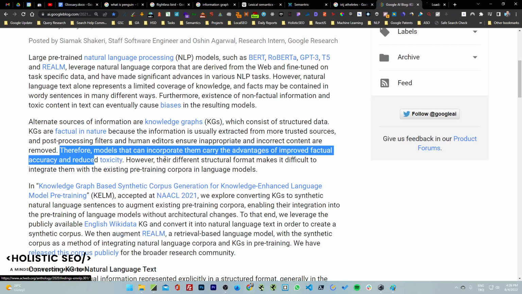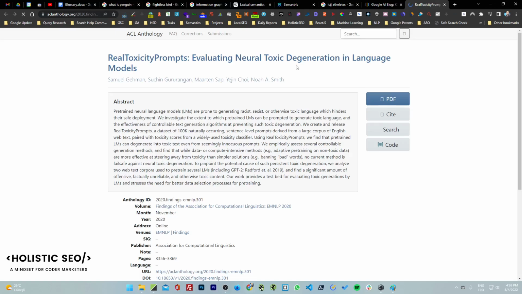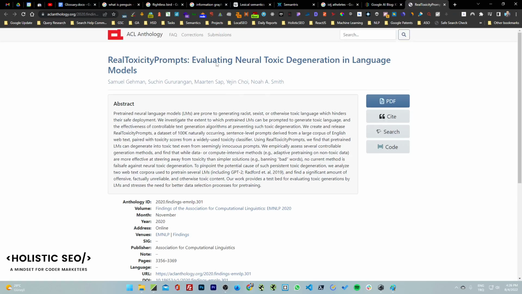By saying toxicity, they actually mean certain types of bias, evaluating neurotoxic degeneration in language models. When I say he and she differences, or any kinds of bias, any kinds of wrong or inaccurate information, it is actually called neurotoxic degeneration.